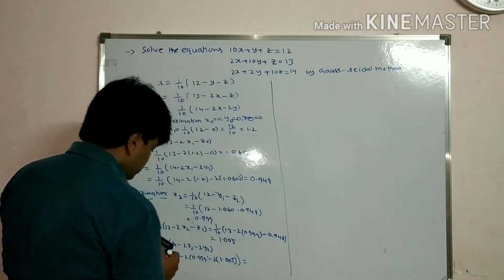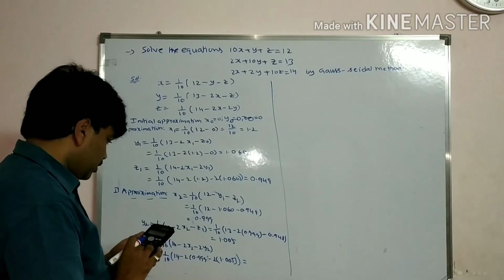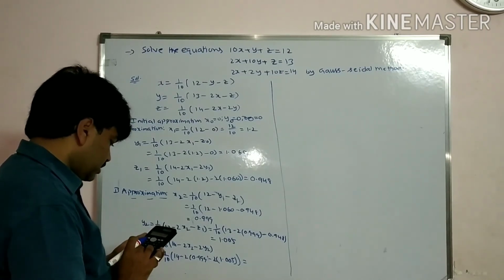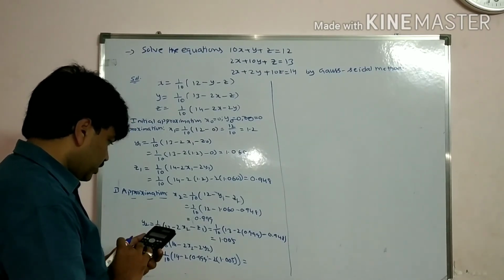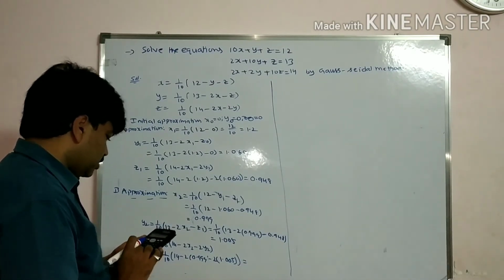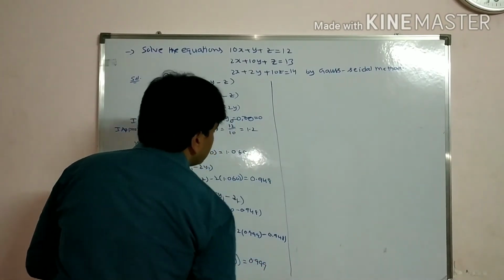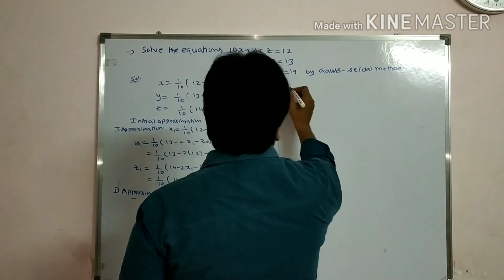Bracket close. So that is equal to bracket 14 minus 2 into 0.999 minus 2 into 1.005 bracket close divided by 10. So that is equal, we get 0.999 students. So go to third approximation.